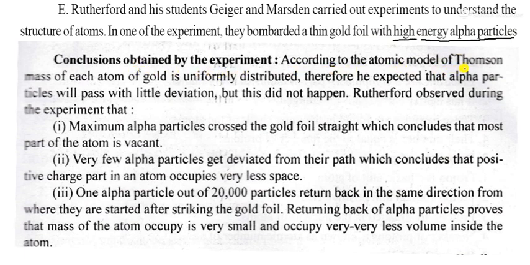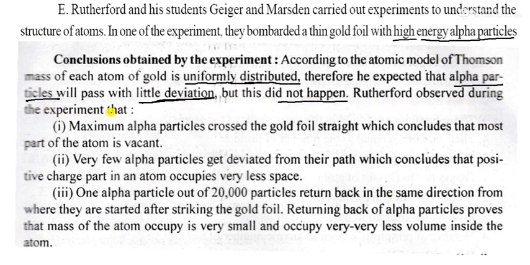According to the atomic model of Thomson, the mass of each atom of gold is uniformly distributed. Therefore he expected that alpha particles will pass with little deviation, यानी बहुत कम मुड़े ही पास हो जाना चाहिए. बट दिस डिड नॉट हैपन, ये ऐसा हुआ नहीं उसमें.